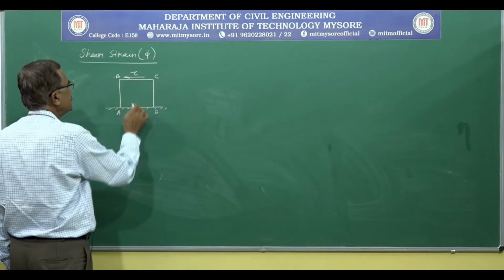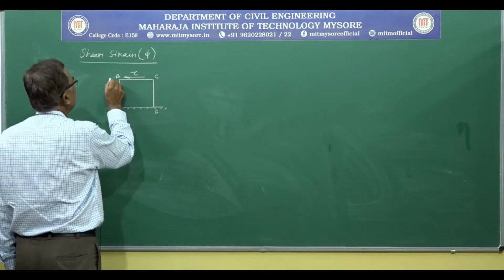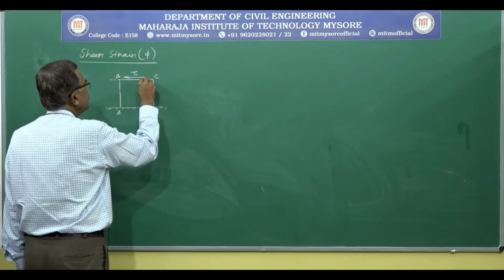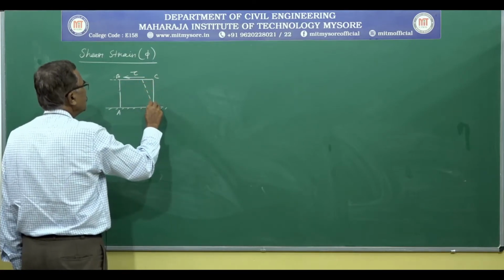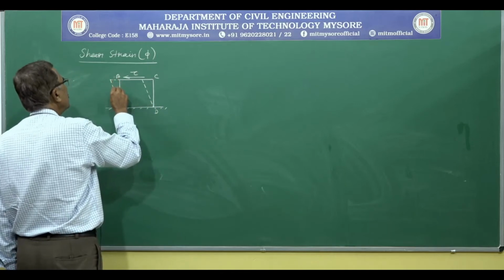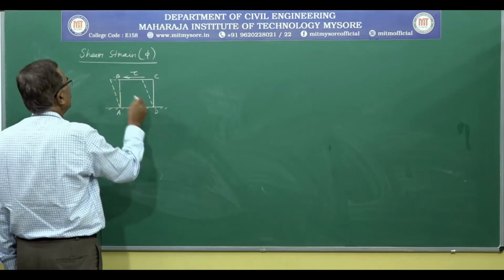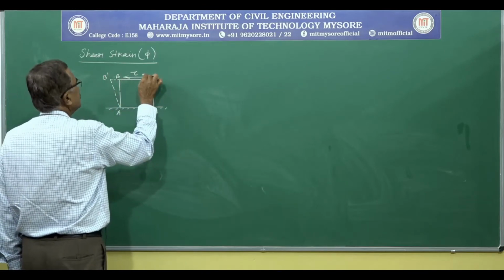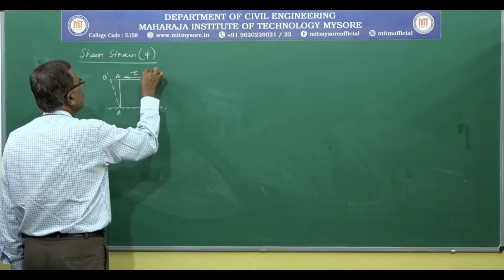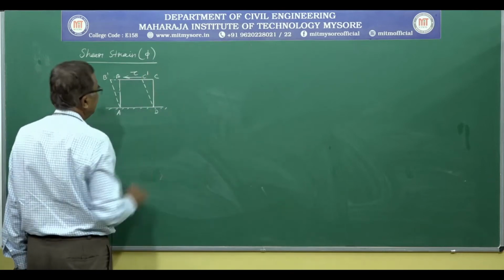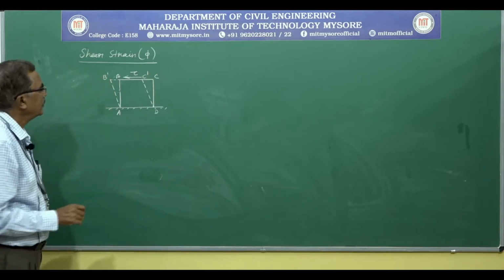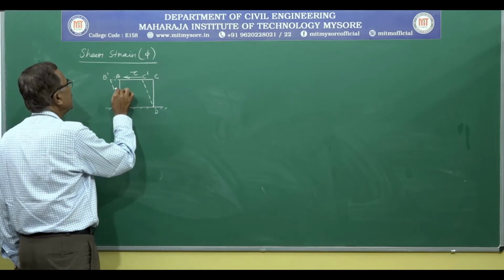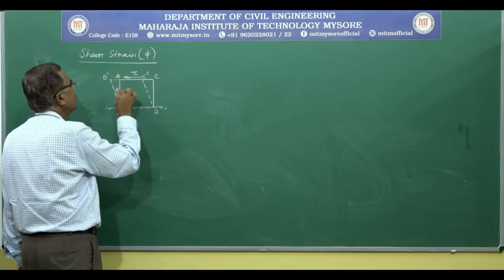As a result of this shear stress, element ABCD gets displaced or shifted to AB dash, C dash and D, resulting in angular displacement phi. You can see here.